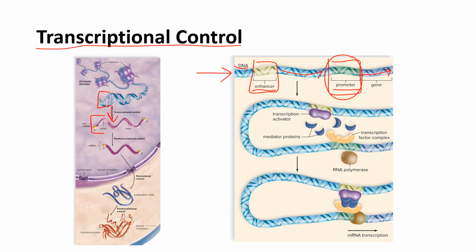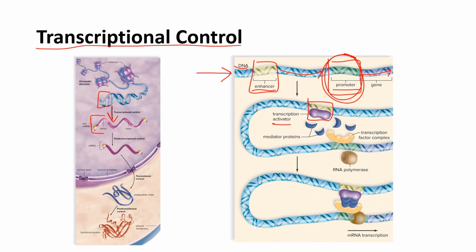Well, in this example, there needs to be a transcription factor complex that will help the RNA polymerase bind to the promoter. The RNA polymerase cannot bind by itself to the promoter. It needs this complex of proteins to help it do so. In this example, a transcription activator will bind to the enhancer.